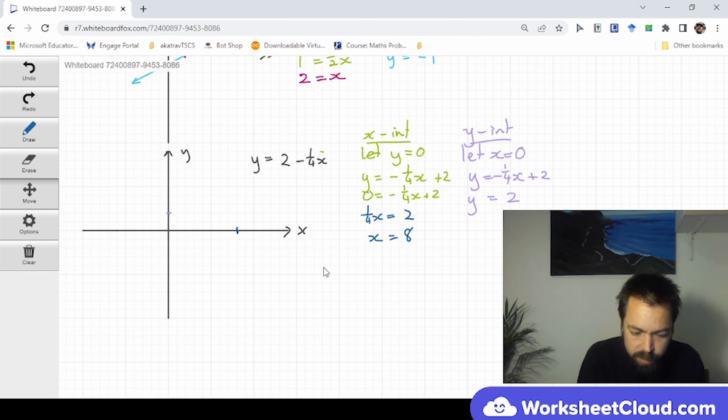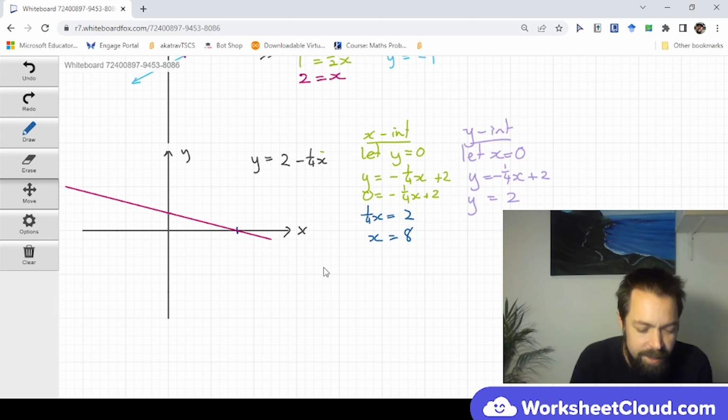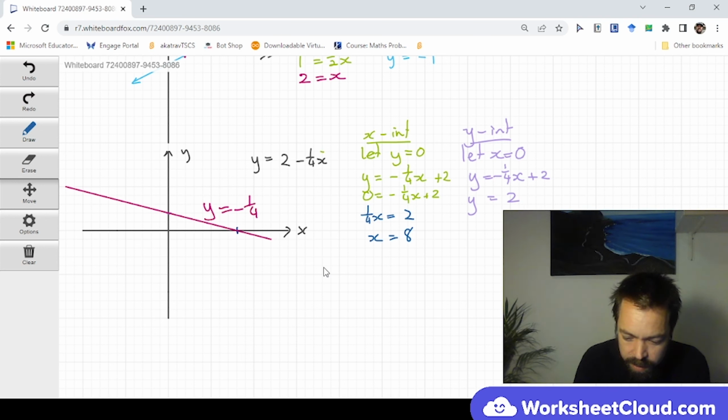Now I just need to draw my straight line. There we go. I haven't quite got it straight yet. There we go. Right, and there is our graph that we were drawing. So that is the line y equals minus a quarter x plus 2.